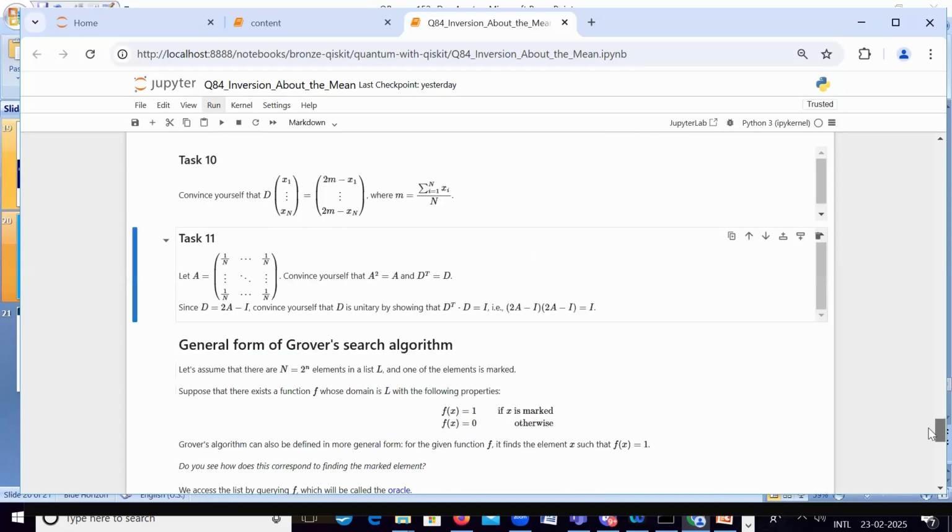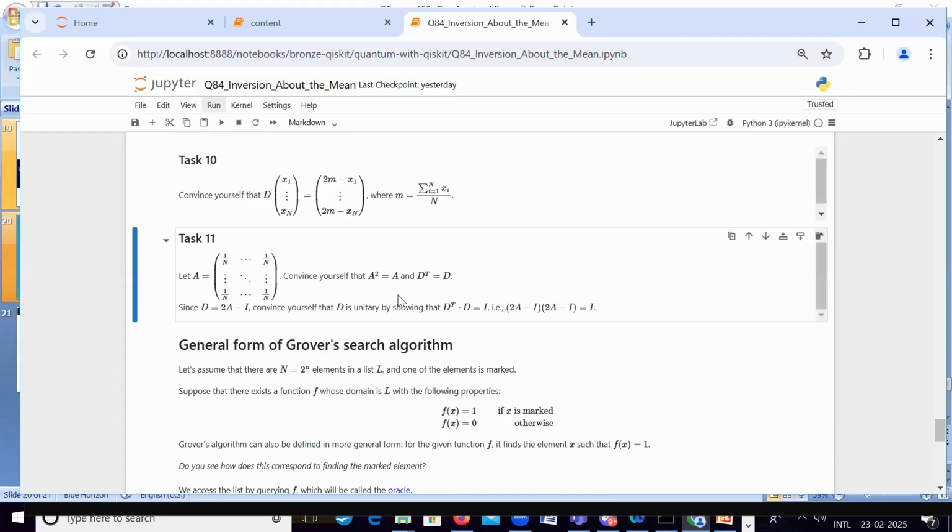The second one is also to convince yourself of the same condition for this given set of the vector or the representation. Let A be the total set of the elements.